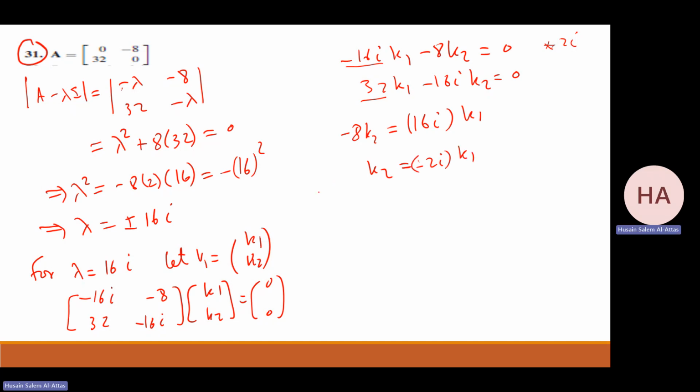Now my free variable will be K1. So let K1 equal 1. K2 will be minus 2i. You can do it a different way. So my V1 will be 1 and minus 2i.